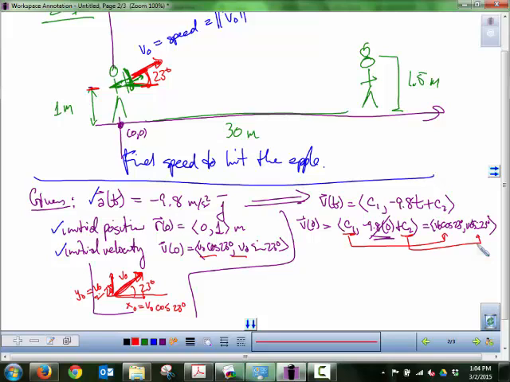AJ sent me an email telling me that, as she was talking about solving these problems, you just set c1 and c2 equal to whatever the initial velocity or initial position is. That is true in most cases, where if you put the 0 in for t, all you have left in your integrated acceleration is a constant c1, c2.